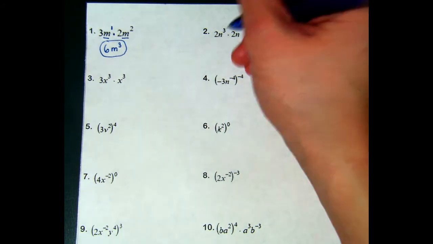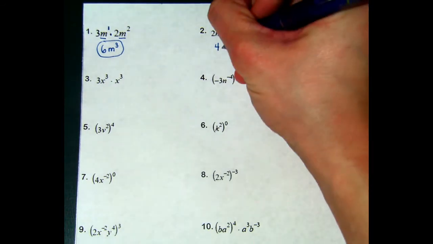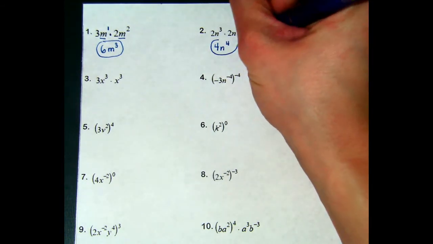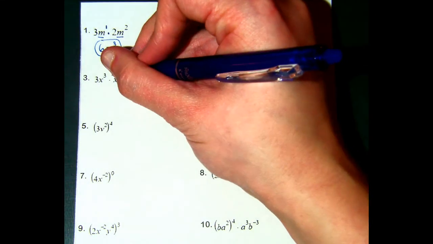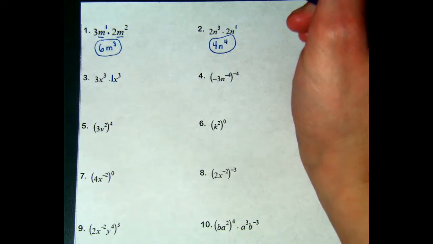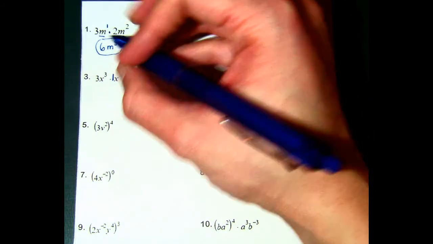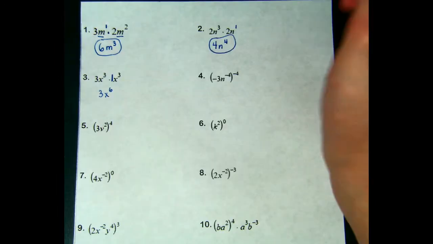Number 2, multiply numbers, 4, add exponents, n to the 4th. Pause. I would pause this and go ahead and try number 3 on your own. If you need a placeholder 1 there, you can put it there. 3 times 1 is 3. Add exponents, 6.